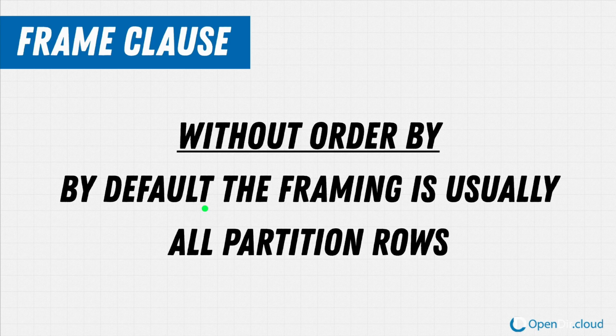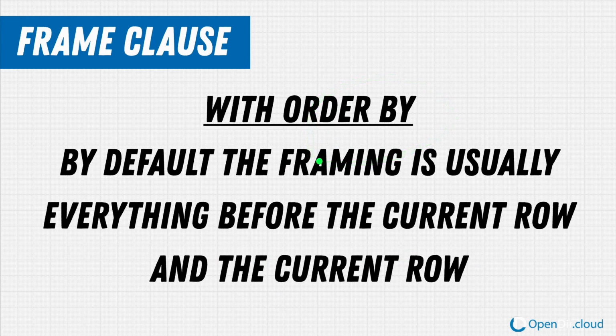When we use it without order by, if we use the partition by, it's against all of the partition rows. But when we add order by into the function, by default the framing is usually everything before the row. So all of the rows that came before that current row, and the current row.